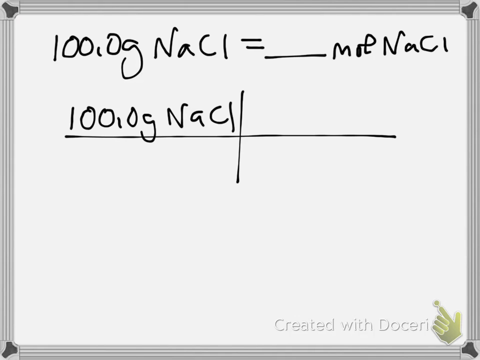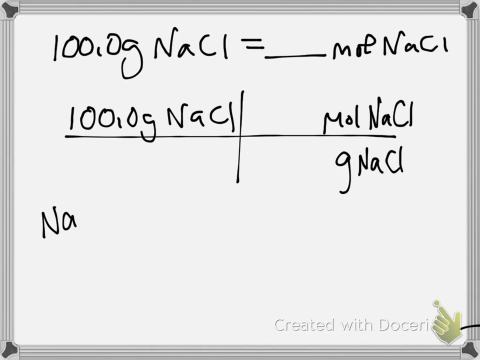And we know that we want to go to moles. We need to have the same units here to cancel. And we need to have moles of NaCl on the top. Well, at this point, the brain kicks in and goes, oh, yeah, you need the molar mass. So we'll do the molar mass, and I just do mine off to the side here. 22.99, yes.